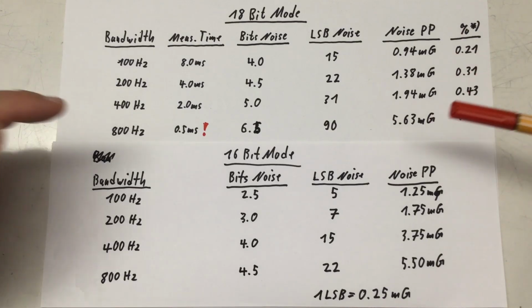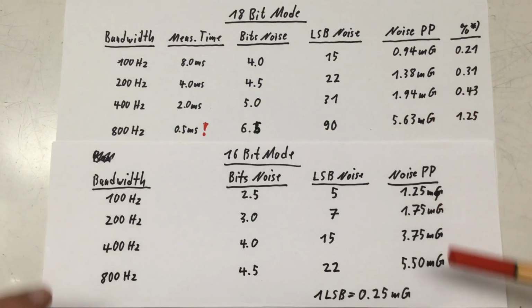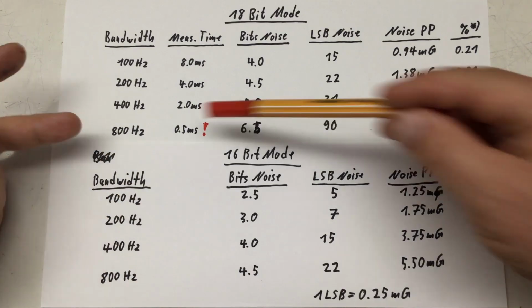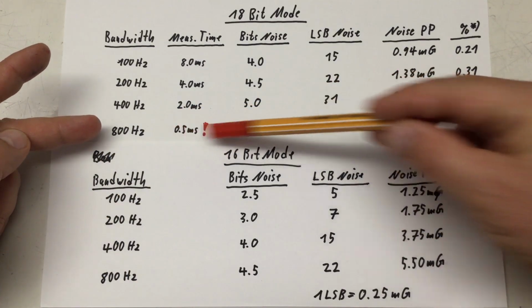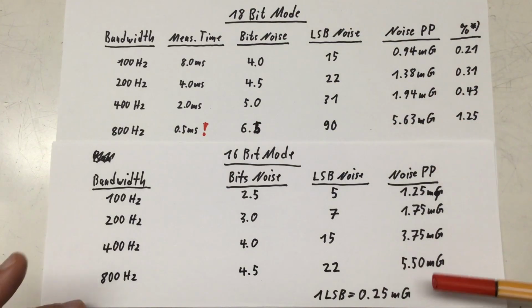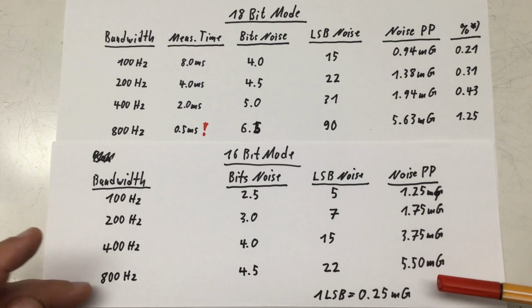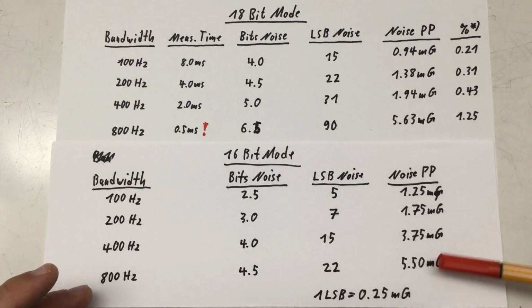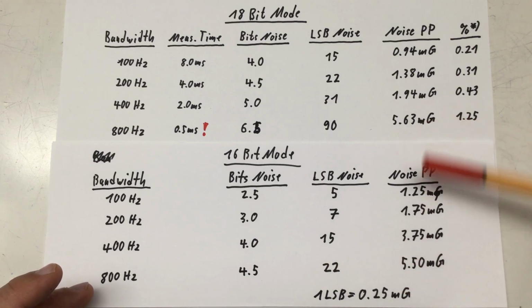The big exception being the 800 Hertz mode. Yeah, that was so awfully bad when we took the 18-bit values, but if we run in 800 Hertz mode and 16-bit modus, we basically do not increase the noise.